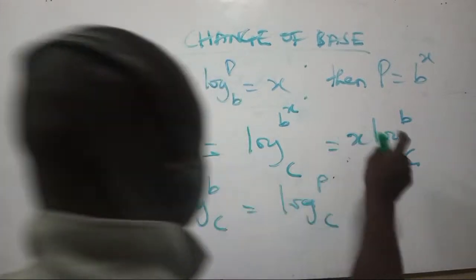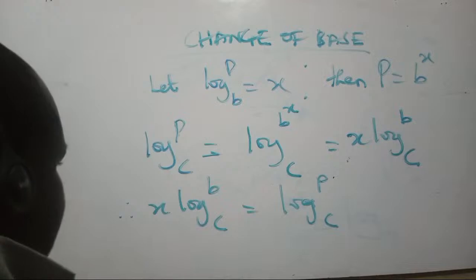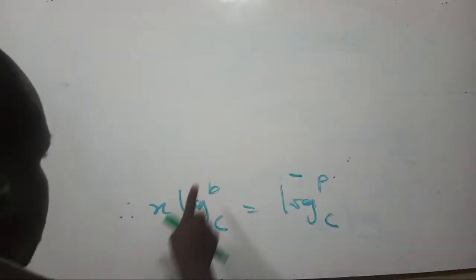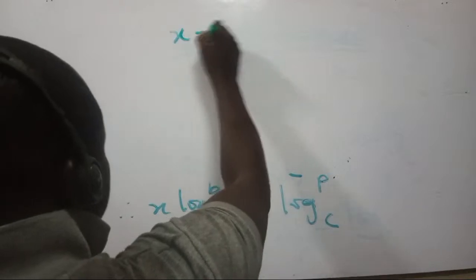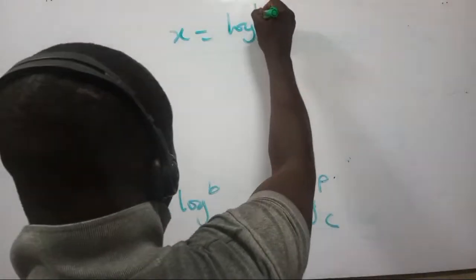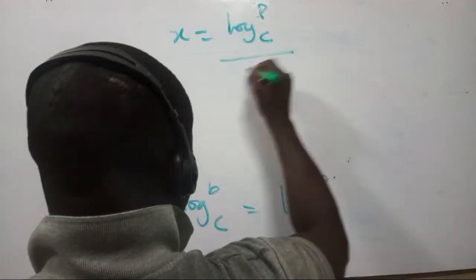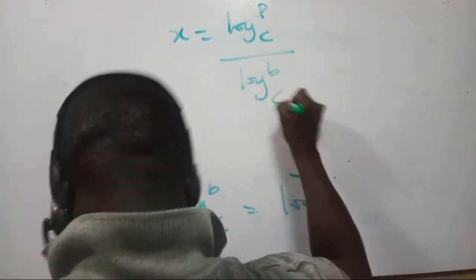That is, this is equal to this. If I make x the subject of formula, I will divide both sides by log b base c. That is, x will be equal to log p base c all over log b base c.